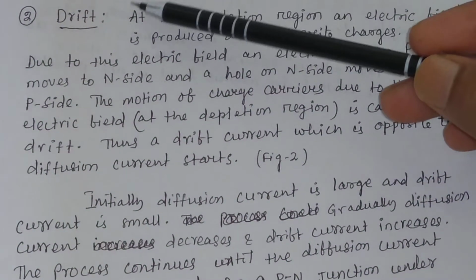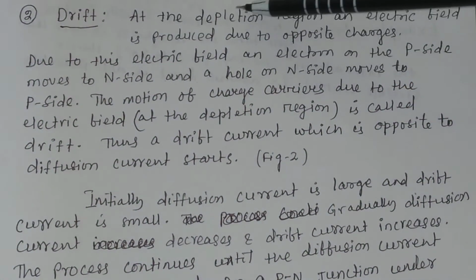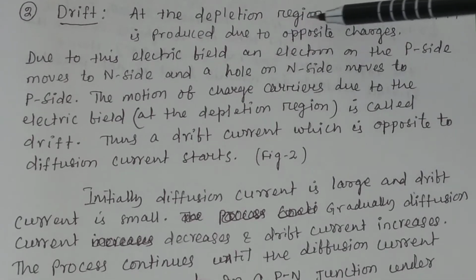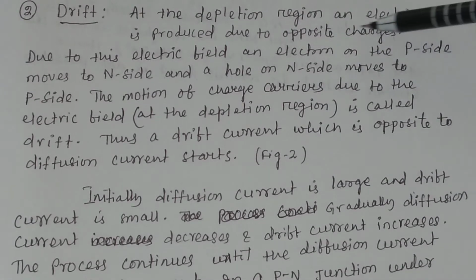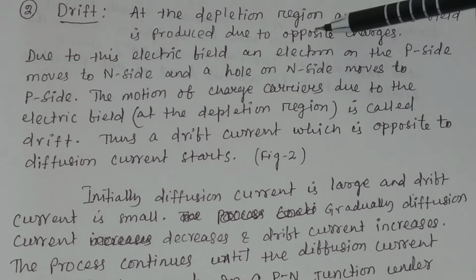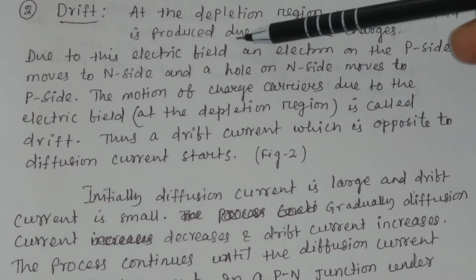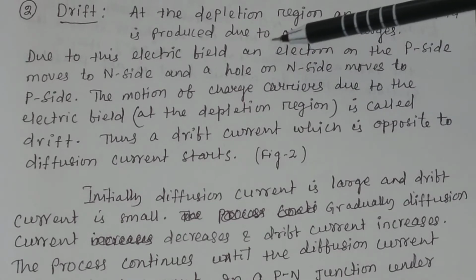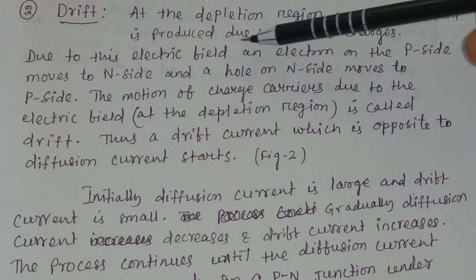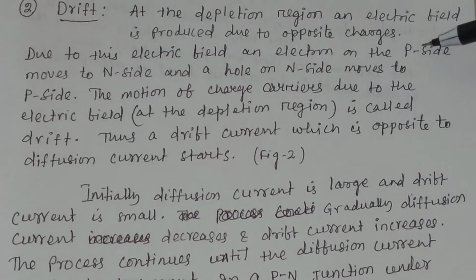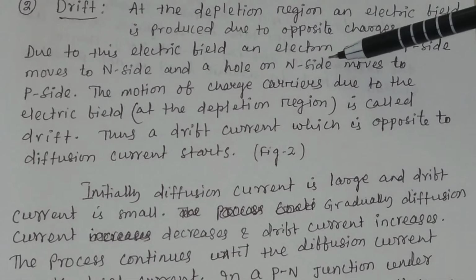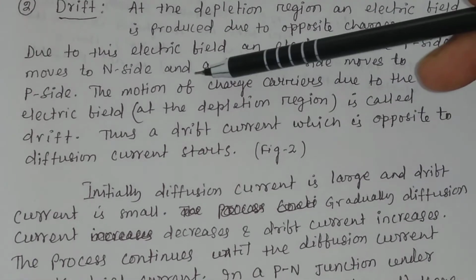Then let us know what is drift or drift current. At the depletion region, an electric field is produced due to the formation of opposite charges. Due to this electric field, an electron on the P side moves to the N side, and a hole on the N side moves to the P side.